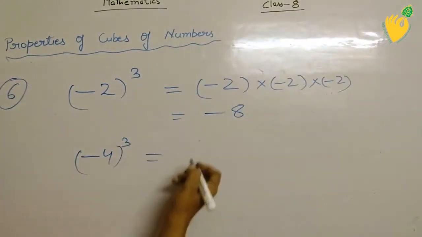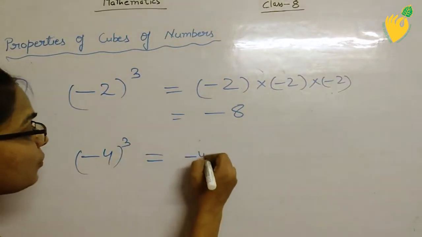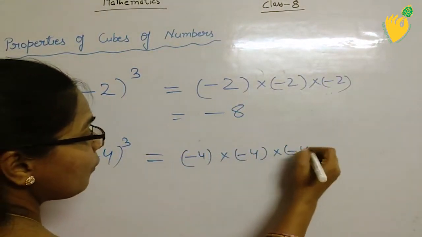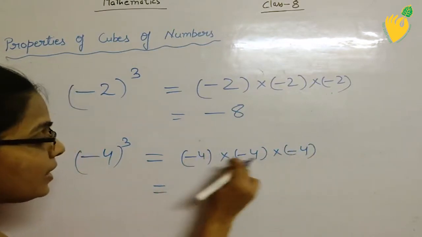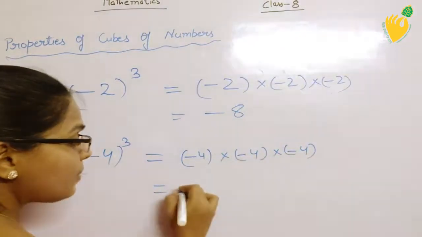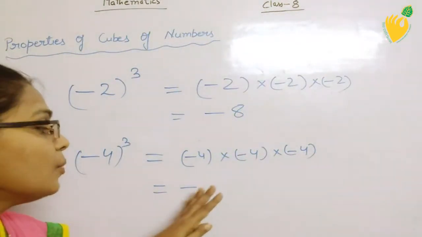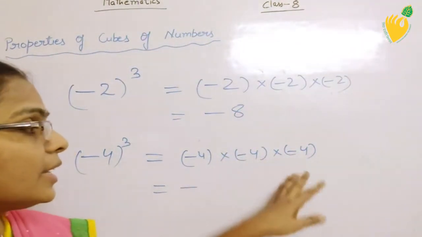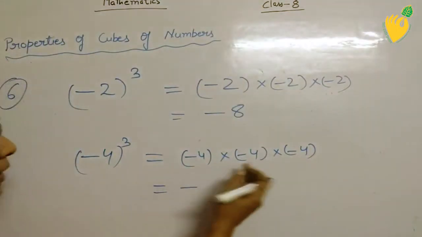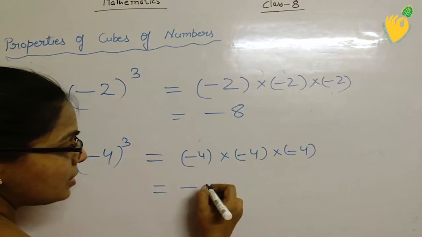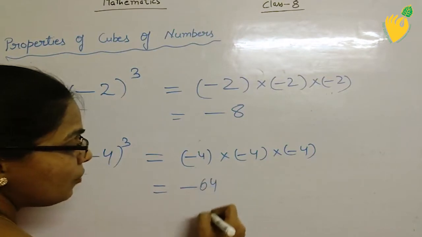Cube of minus 4 is minus 4 into minus 4 into minus 4. You can write minus minus is plus, and plus minus is minus. We always decide the sign of the product by multiplying the signs. And now we will multiply the numbers: 4 fours are 16, 16 fours are 64.